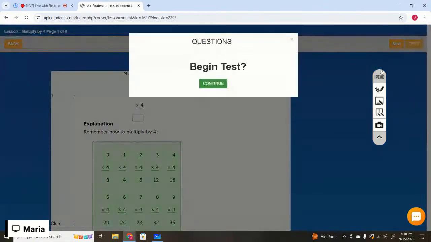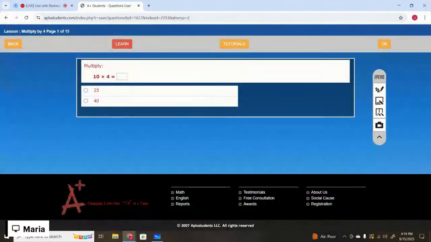Let's just start with the test questions. 10 times 4, so which is the correct option? 10 times 4 is 40. Option number 2 is the correct option.